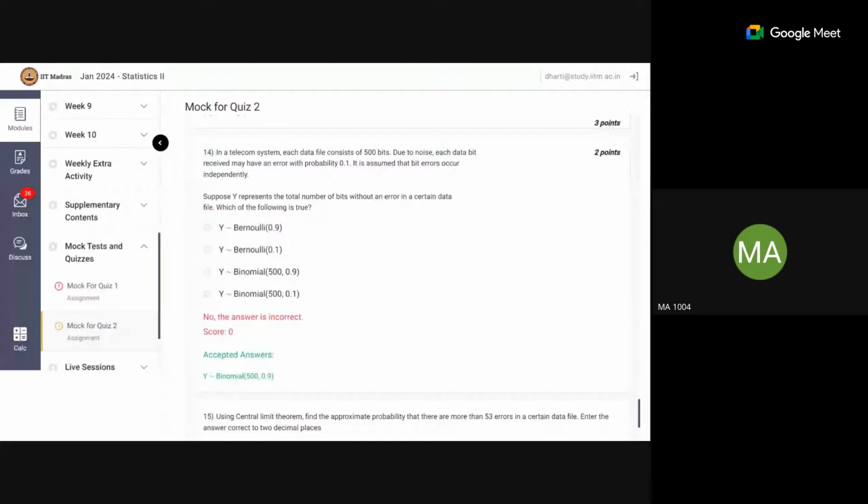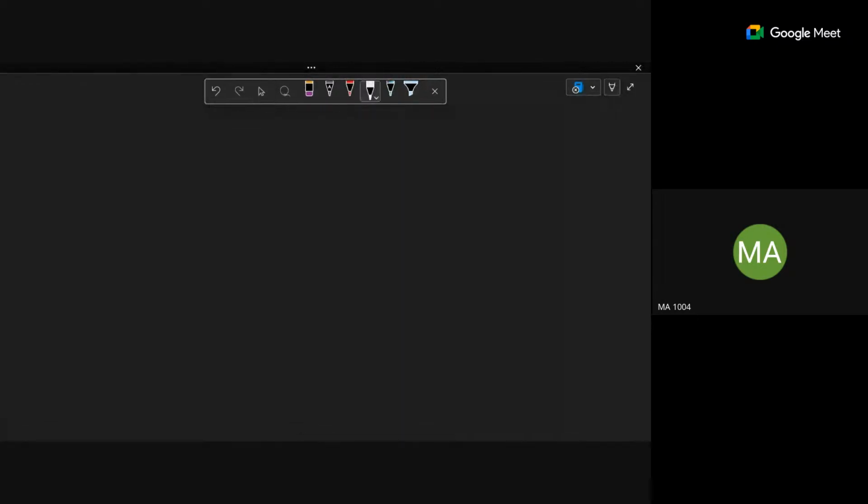Let's start with it. According to the given question, we have two random variables, right? Okay. So there are 500 bits, and we are looking for the errors. Let's say x is a random variable which is checking error in bits. For x, there will be two values: either there will be an error or it's errorless.